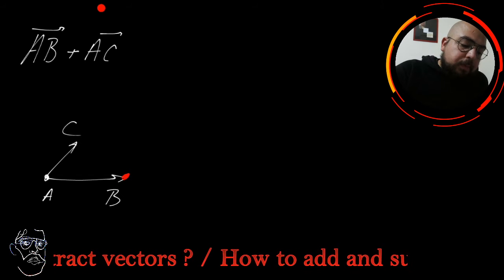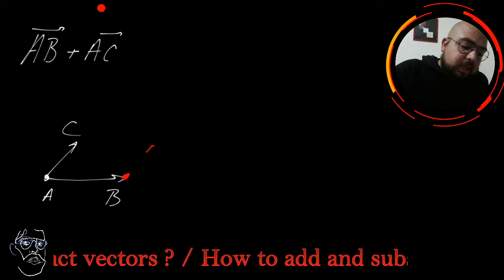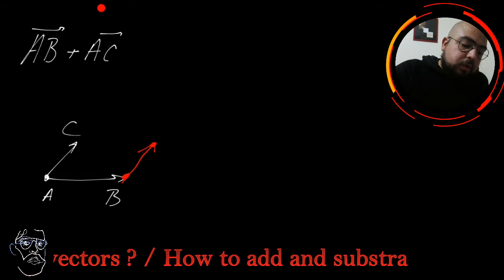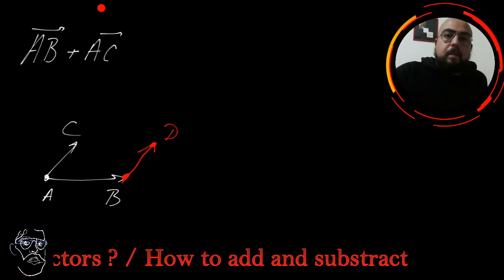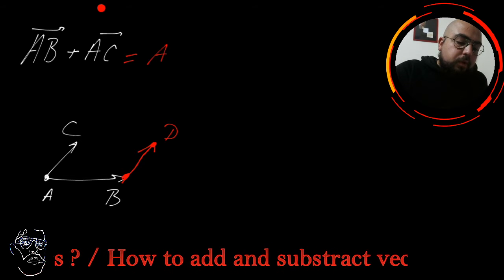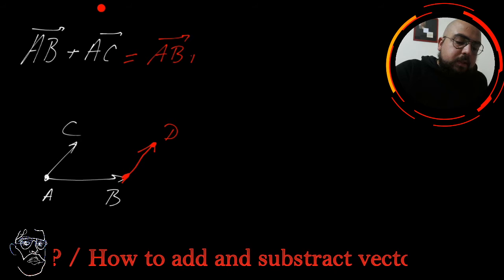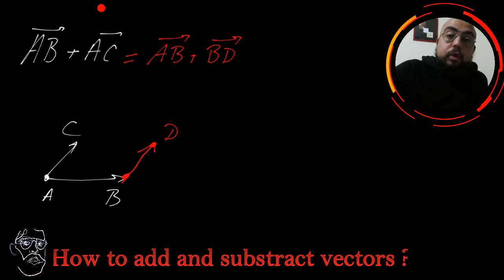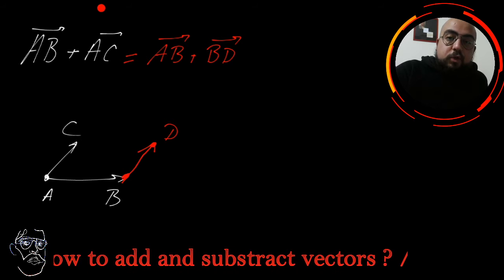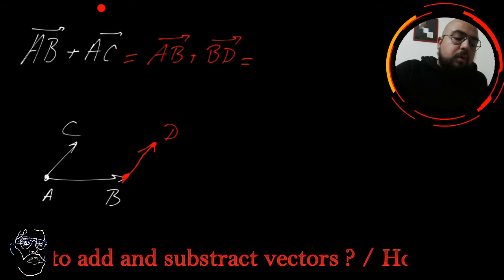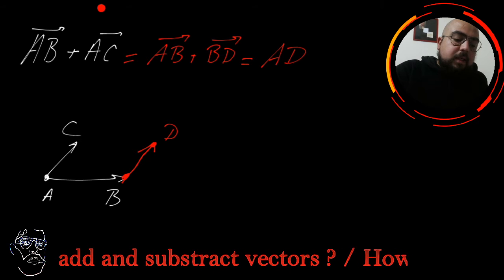So at the point B, I draw the same thing as AC, and I'm going to call the terminal point D. So AB plus AC will be converted to AB plus BD, which is the addition of two consecutive vectors. So I'm going to use the triangular law, and the resultant will be AD.